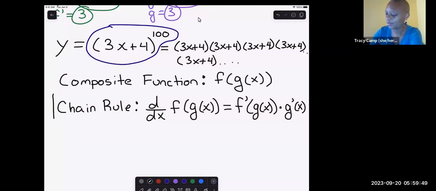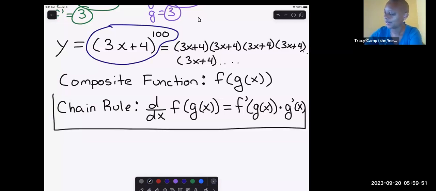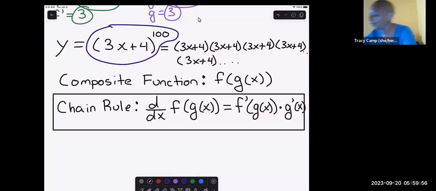And this is the chain rule. And so this is another one of those rules on that long list of derivative rules in that handout from last week's lecture. So this is just another one of those rules.